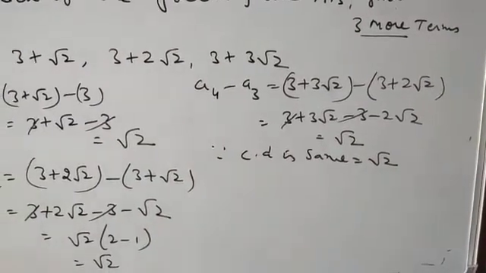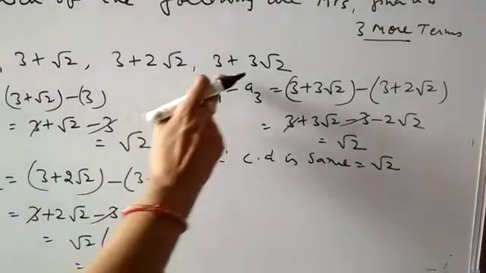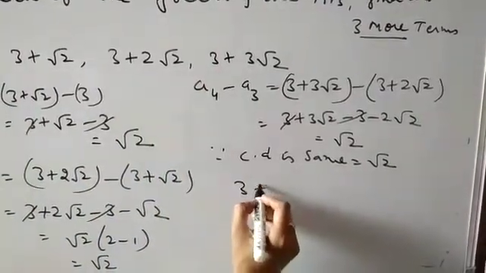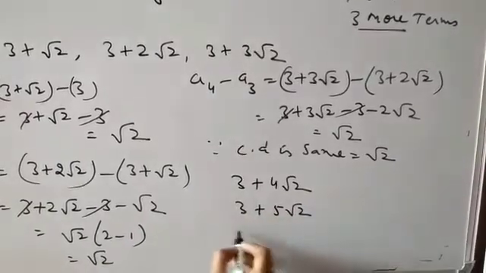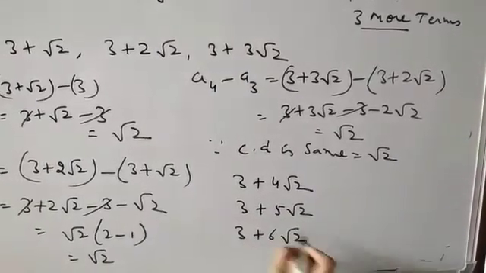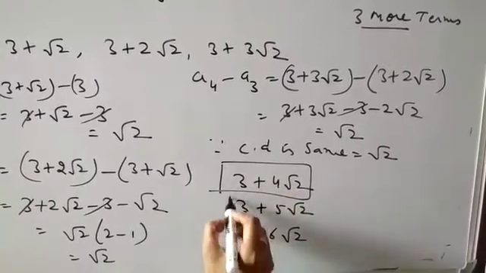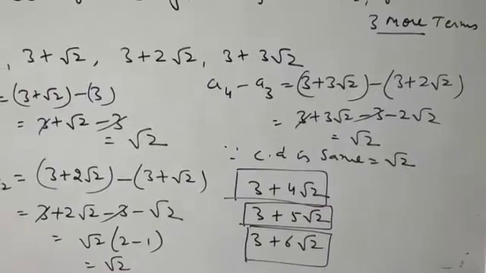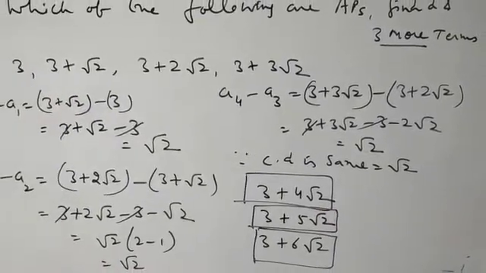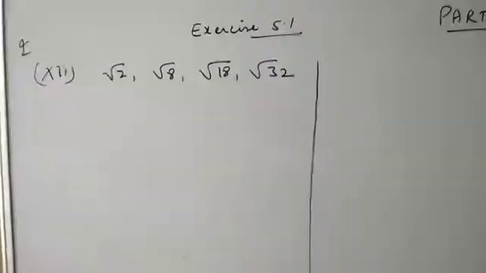So it is an AP and next terms can be obtained as 3 plus 4 root 2, 3 plus 5 root 2 and 3 plus 6 root 2. So in this way we can find the next terms by adding common difference to the preceding term.